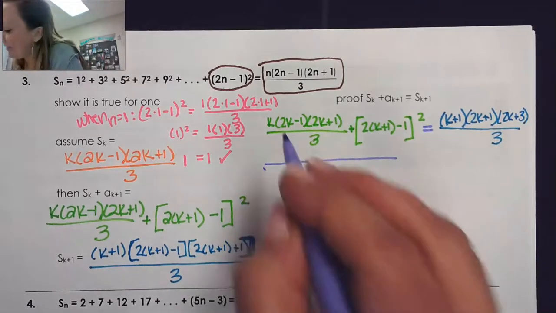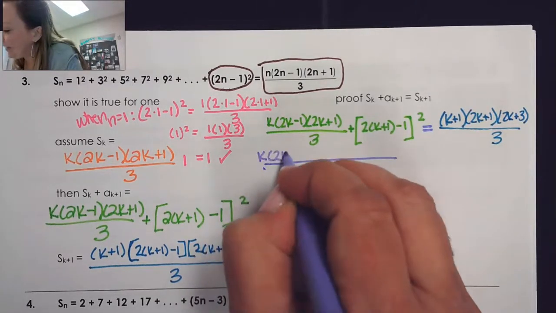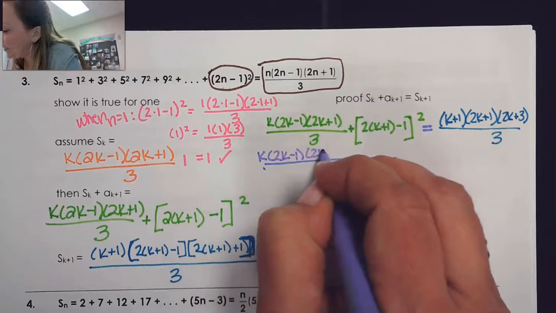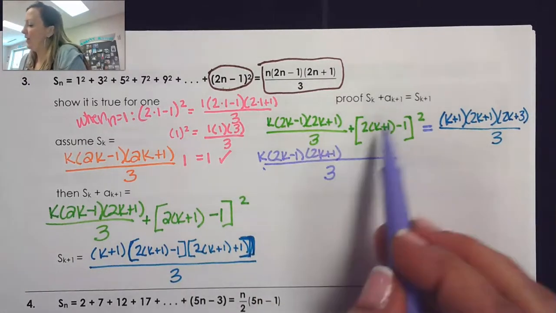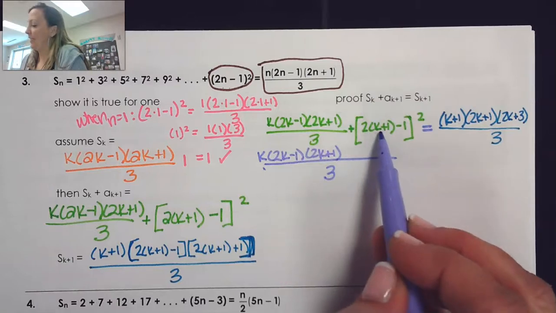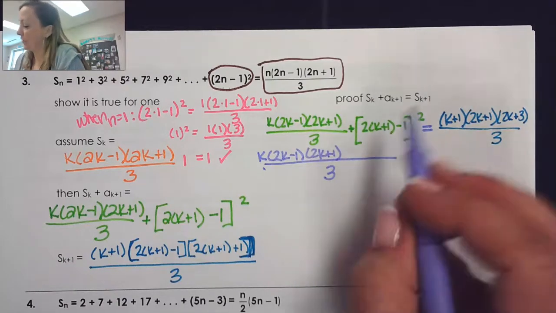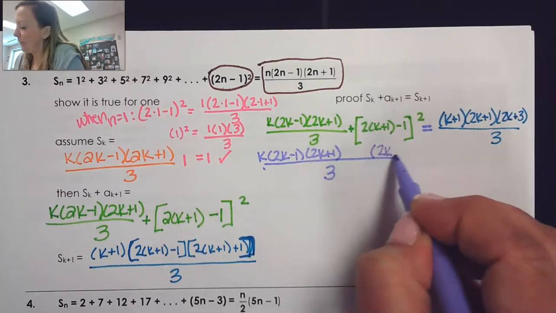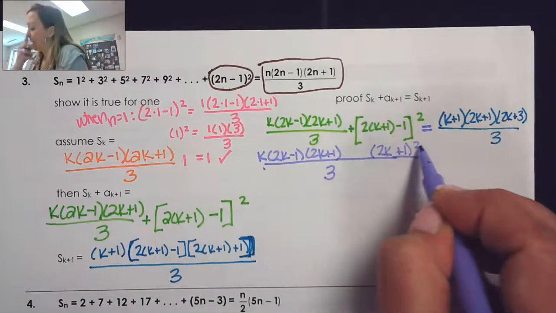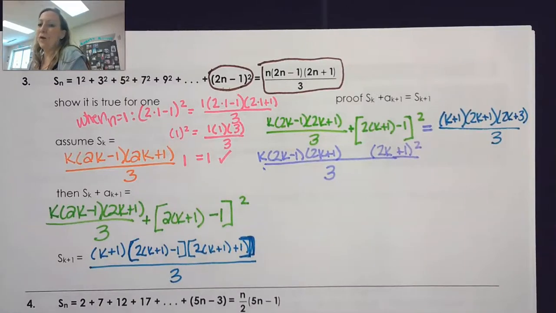So I'm going to have this k, 2k minus 1, 2k plus 1 here. And then what did we say that 2 times the quantity k plus 1 minus 1 really turns into? 2k plus 1 squared. And if I put that over 3, that means I have to multiply it by 3.